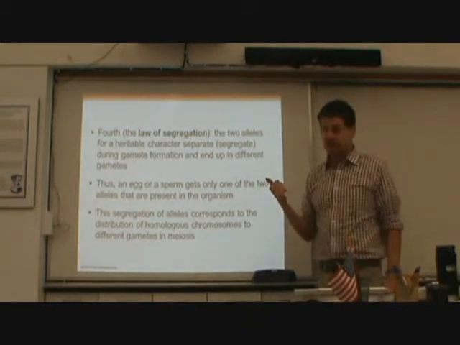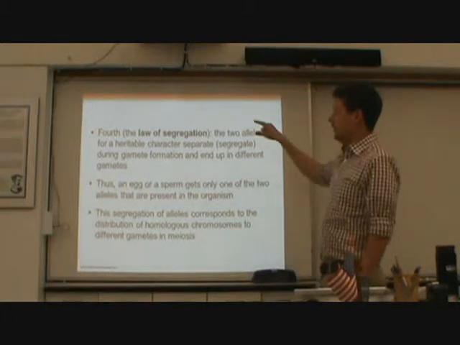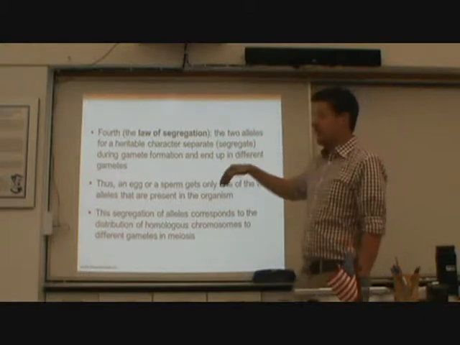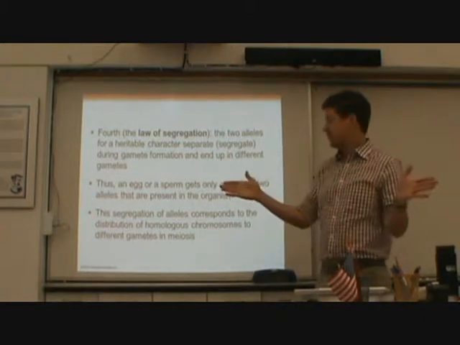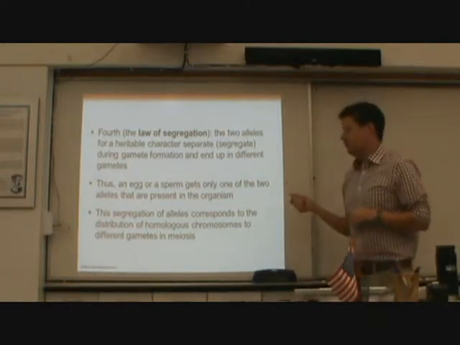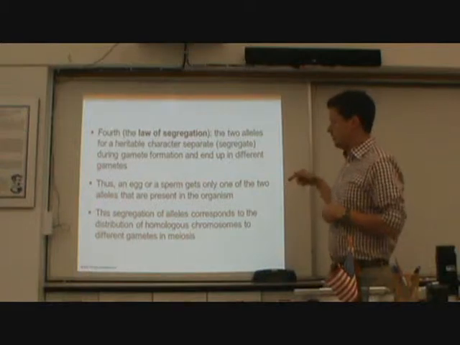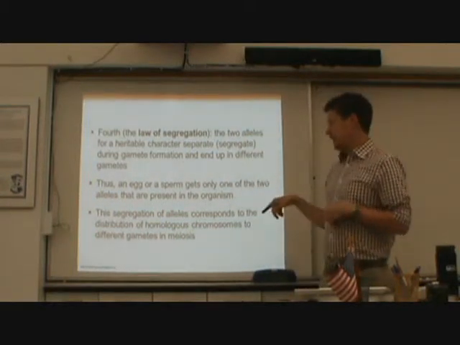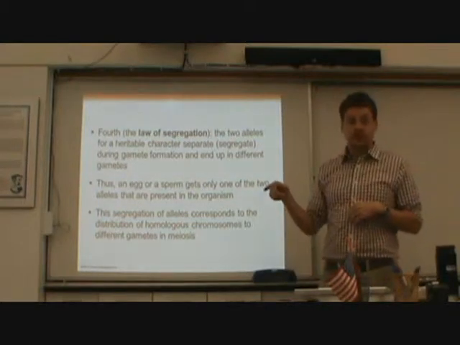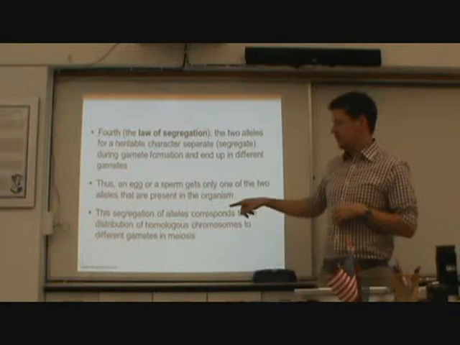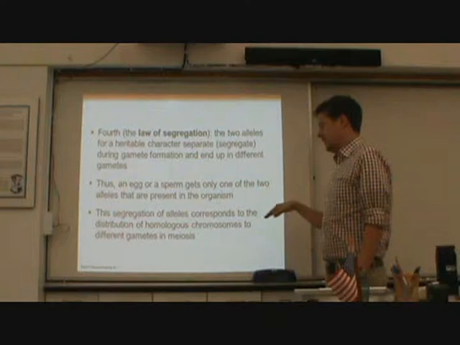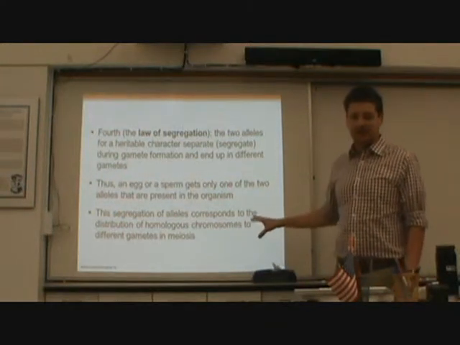Fourth is the law of segregation. So two alleles for a heritable character separate or segregate during gamete formation. They are split up and end up in different gametes. So an egg or a sperm is only going to get one of those alleles, and the segregation of alleles is going to correspond with the distribution of homologous chromosomes to different gametes in meiosis. Again, Mendel didn't know anything about chromosomes, so he wouldn't have been able to make that kind of statement.